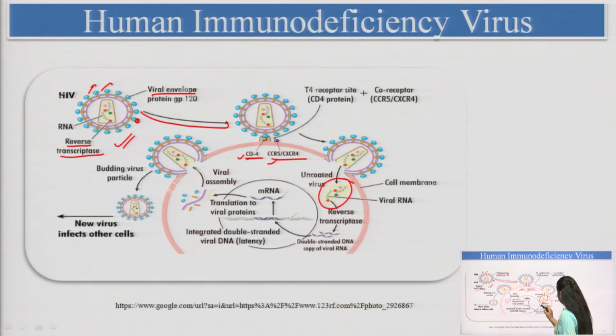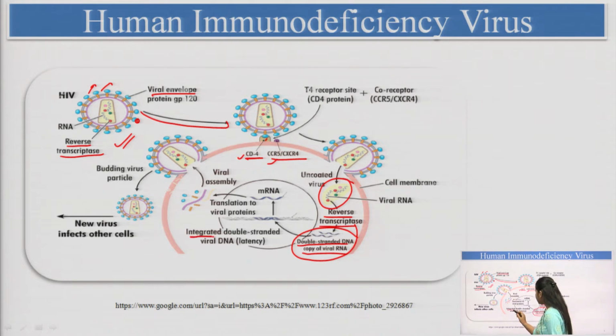Then the enzyme reverse transcriptase forms the double stranded DNA, a copy of the viral RNA. This DNA integrates with the human DNA, and the component formed is known as integrated double stranded viral DNA.